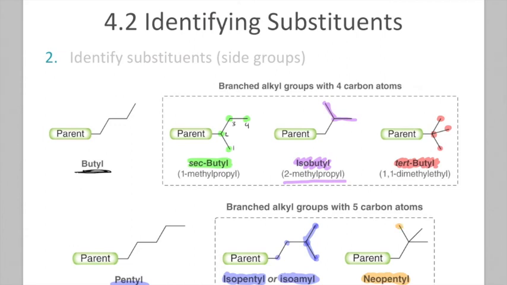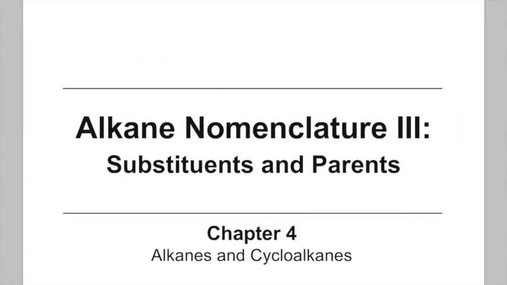Again, pentyl, so we have 1, 2, 3, 4, 5 carbons, but the neopentyl is referring to this big bulky group, very similar to a tert-butyl group, except now you have this carbon in the middle separating the parent from that big bulky group. Okay, so these are the special common names that we have to know when we're naming our substituents. All right, so practice those, and then we can go to putting them all together to form the actual names of these alkanes.